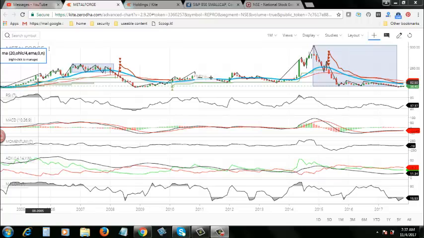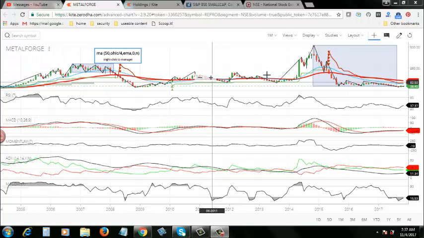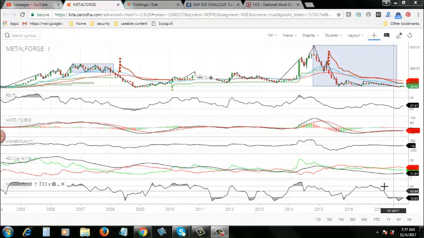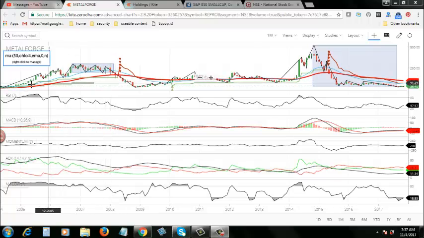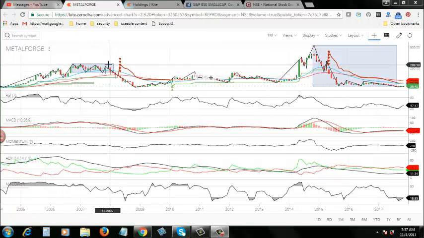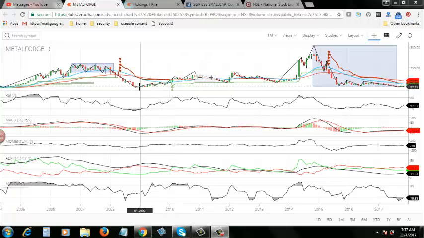If you look at the price trend history of the stock, I have data here since 2004 onwards up to November 2017. Here, the stock has this kind of trend: it goes up to a certain extent, and it goes sideways, and again it goes down, and going down means it hit its bottom.